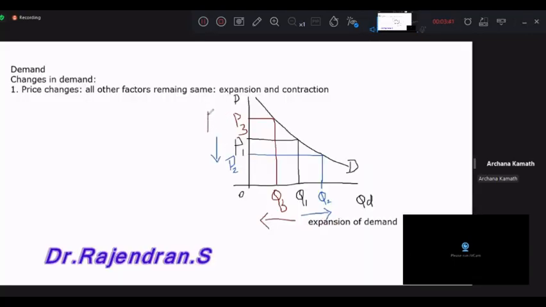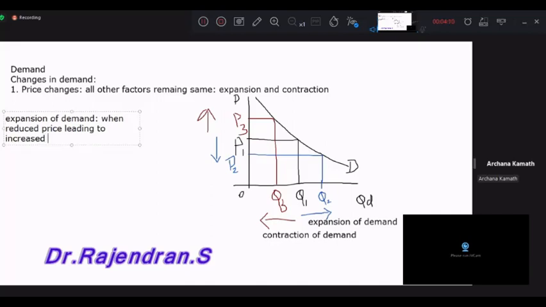Increased price causing the consumer to purchase less of it is known as contraction of demand. I hope expansion and contraction is clear. Expansion of demand takes place when reduced price leads to increased consumption or increased demand of a commodity.